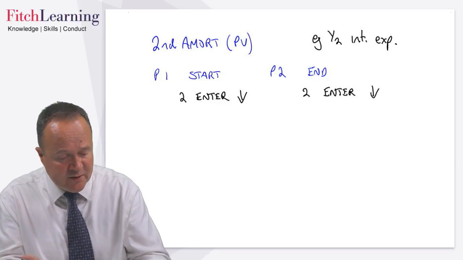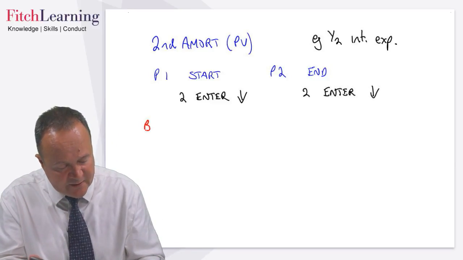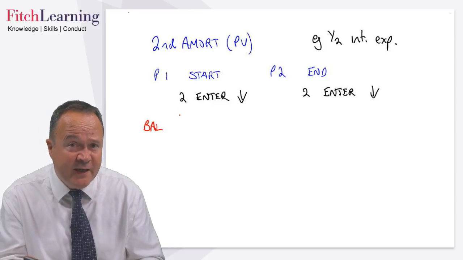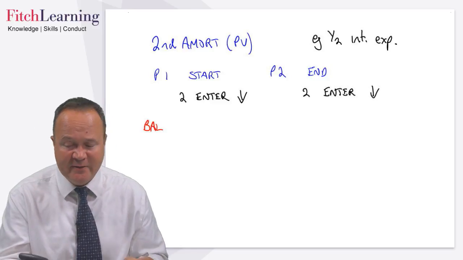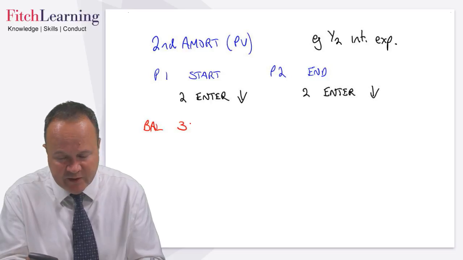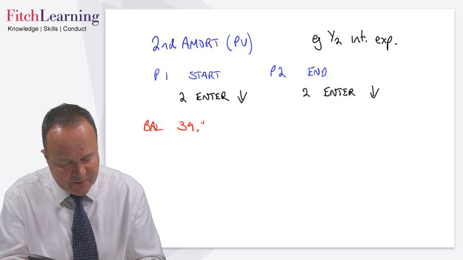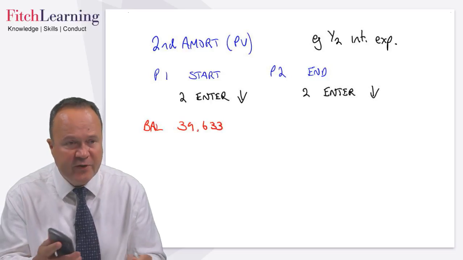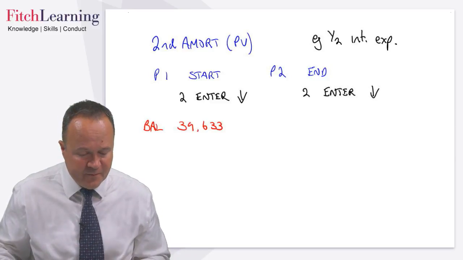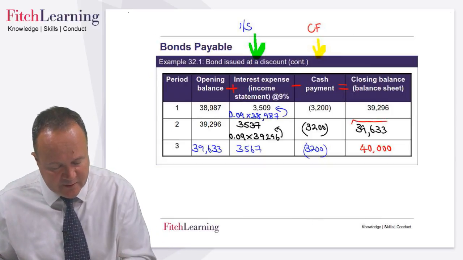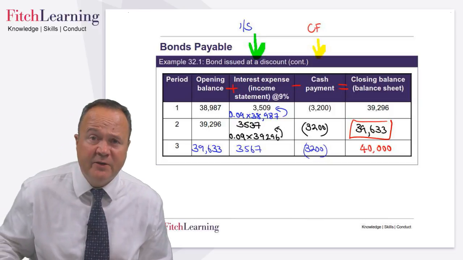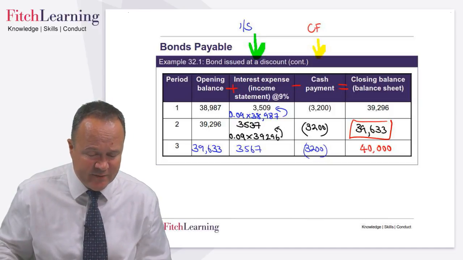The first value you get is the balance. So that is the year 2 end balance. So I get here 39,633. Okay. Well, that's what we had here. 39,633. That's my year end balance.